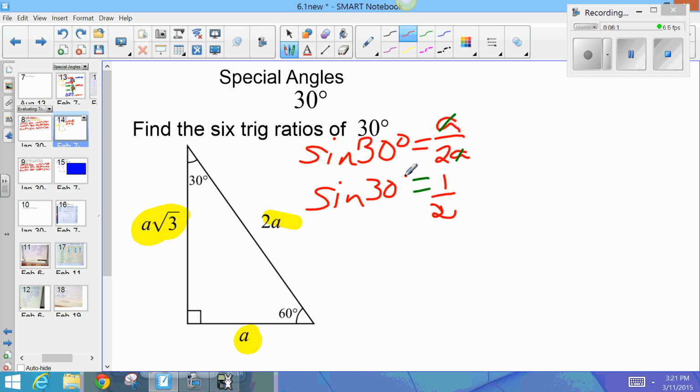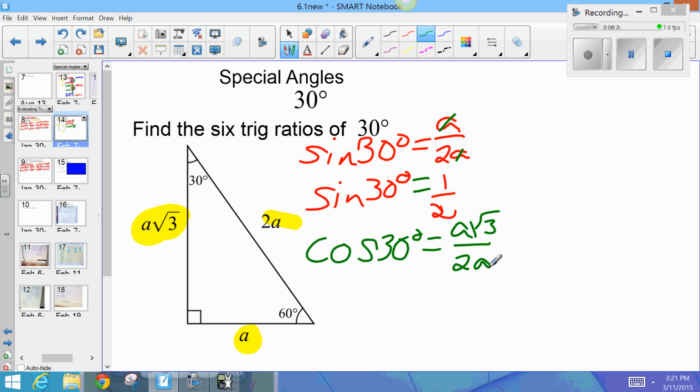So sine of 30 degrees is 1/2. Cosine is adjacent over hypotenuse. So I've got A radical 3 over 2A. A cancels, oops, A canceled, not 2. The 2 is still here. So I've got radical 3 over 2.